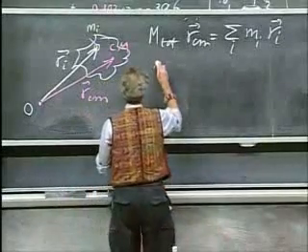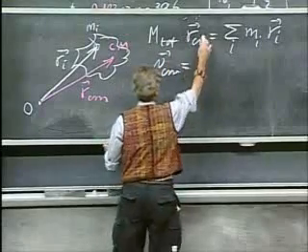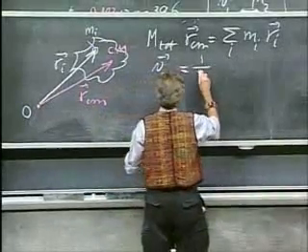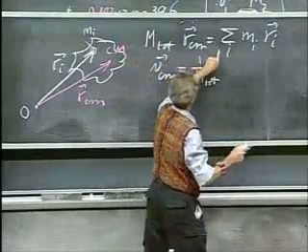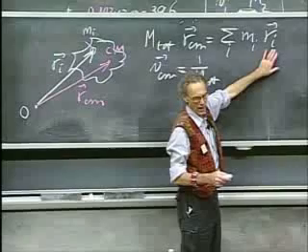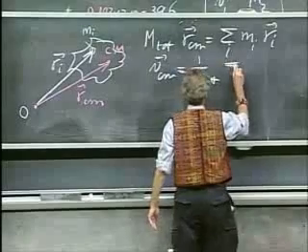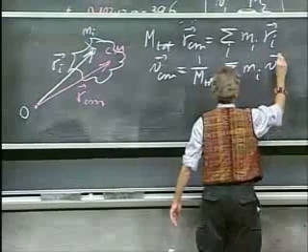V center of mass, I find that by taking the derivative of this equation, equals 1 over the mass total. I bring this on this side. I take the derivative here. And so here I get the sum of m of i times dr i dt. And so this is the sum over i of m i v i.